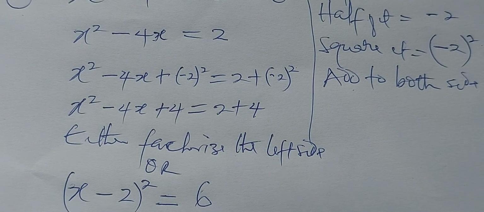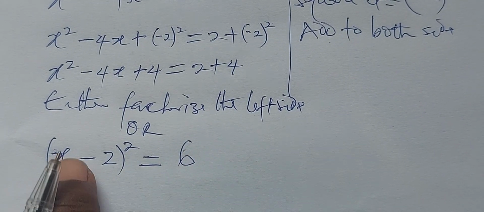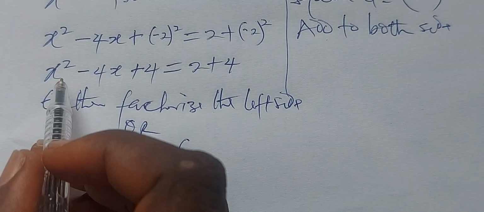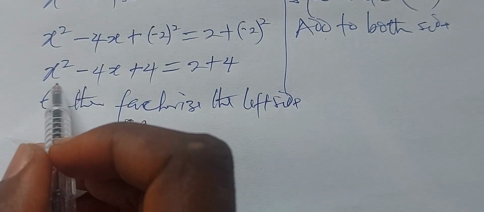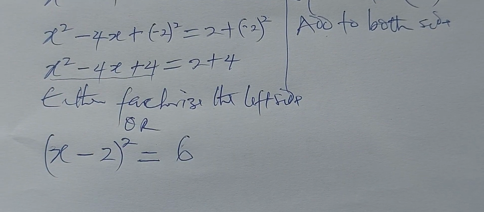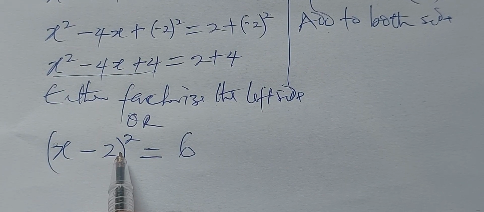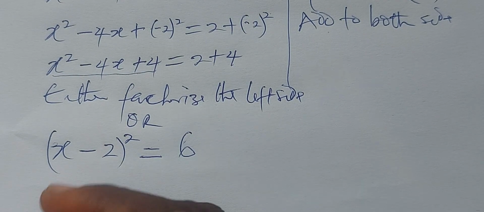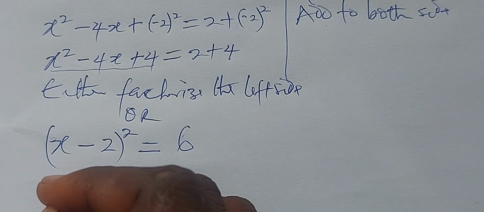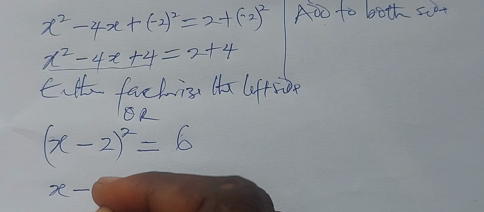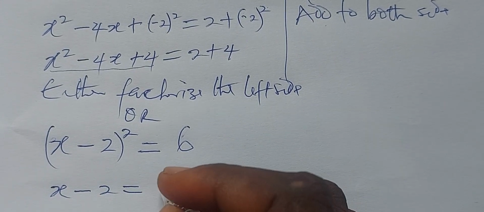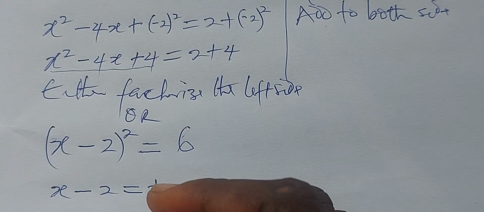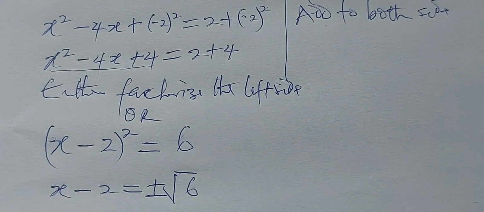Okay, if you factorize it, you will still arrive at this point. Factorize this expression, and this is what you get at the end. So by the completing the square method, you now have x minus 2 equals plus or minus the square root of 6.